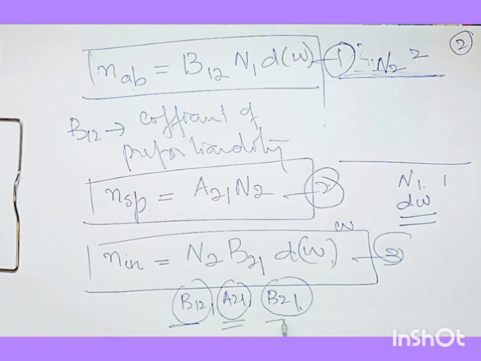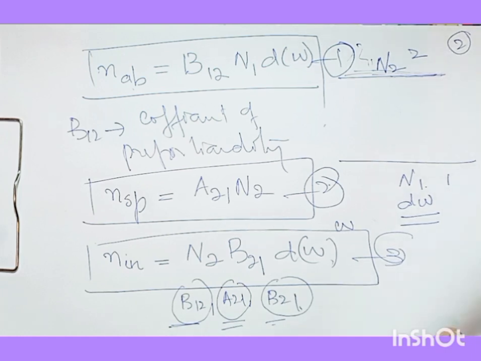These quantities are called Einstein's coefficients, and they are actually determined by the atomic systems.